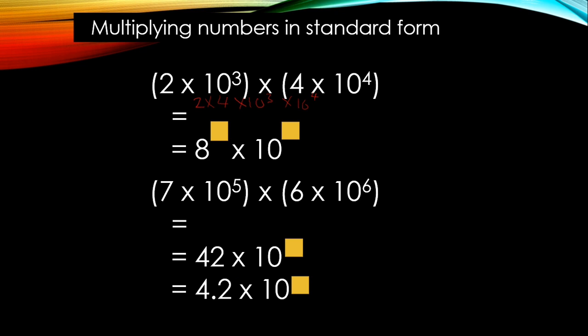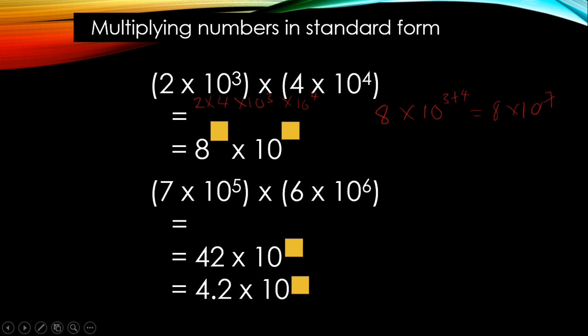Alright, so now once I do this, it will be 2 times 4, that gives me 8. And then when we are multiplying numbers with the same base, according to the rules of indices, we maintain the base. This number here, if it is the same, we call it a base. And then we simply add the powers, 3 plus 4. And this would give us 8 times 10 to the power 7.